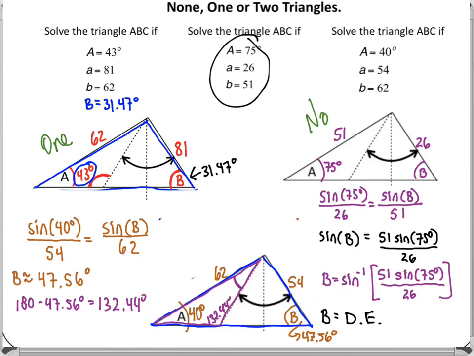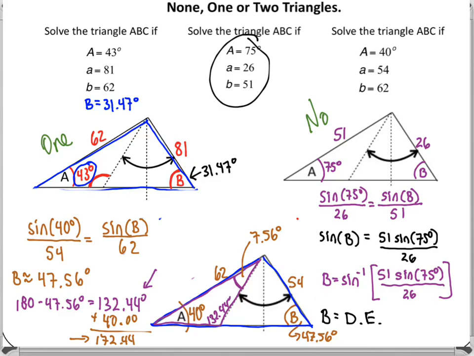And the answer is yes, because if I take this amount right here and add the 40 degrees to that, I'm going to get 172.44 degrees. And so that means this angle right here can exist, okay? And I would find that by subtracting this amount from 180, and that would give me 7.56 degrees.